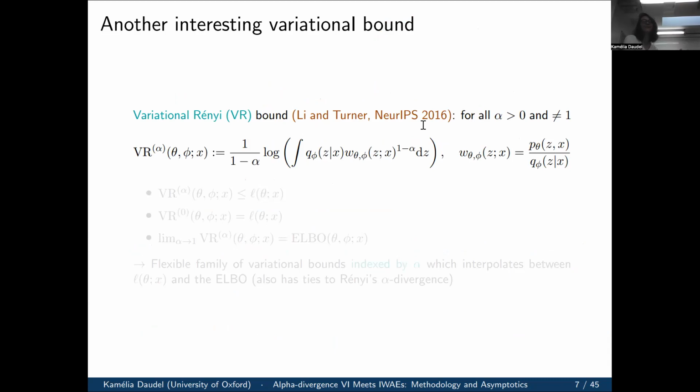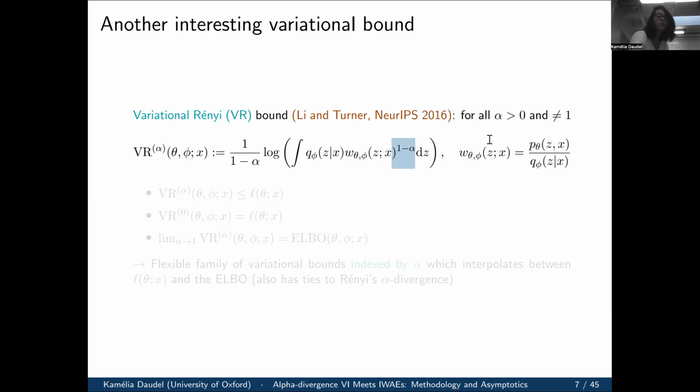So this bound, like I teased, depends on a hyperparameter alpha, which is taken to be non-negative and different from 1, and it reads as follows. It's this expression. I've got 1 divided by 1 minus alpha, times the log of the integral with respect to my variational approximation again, multiplied by my weights taken at an exponent 1 minus alpha. The weights are the same as before, but I've recalled them here in case you've already forgotten them.